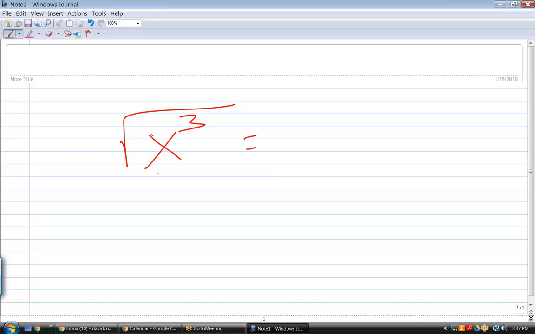Maybe, I don't know, maybe not till algebra 2, but nonetheless, what do you think this is? Separate it. x squared times square root x. So it would be x root x. That's it.